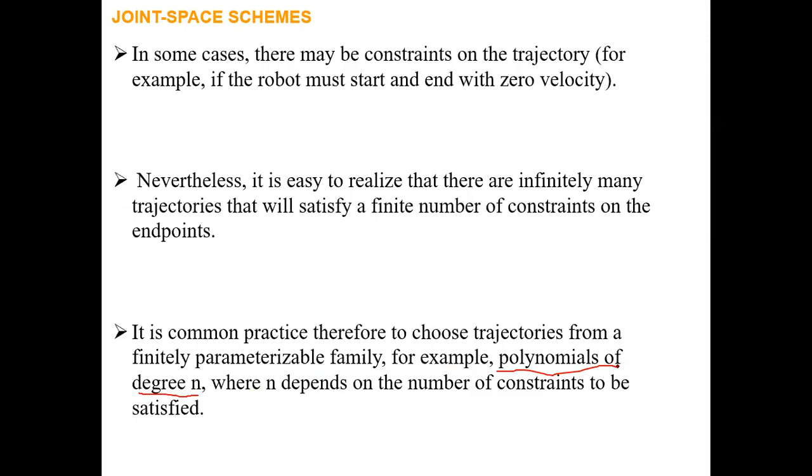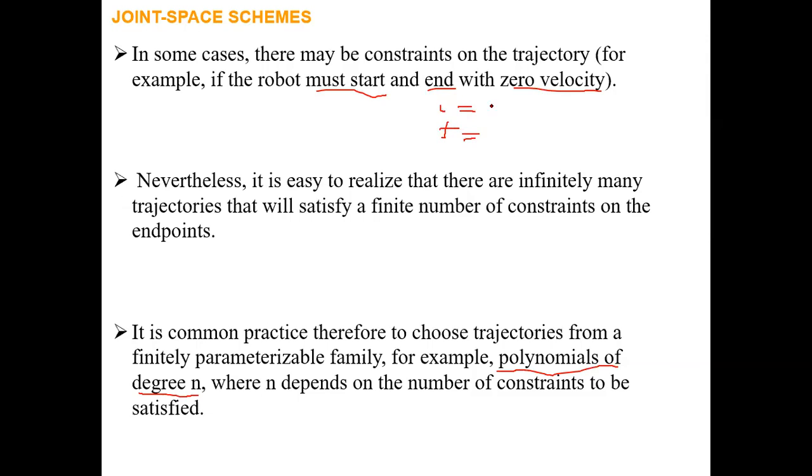If you have 6 constraints, then you have to use a higher order polynomial. In this case, I have just 2 constraints. The robot must start and end with 0 velocity, meaning the initial velocity is 0, and the final velocity is 0. Those are the 2 constraints.